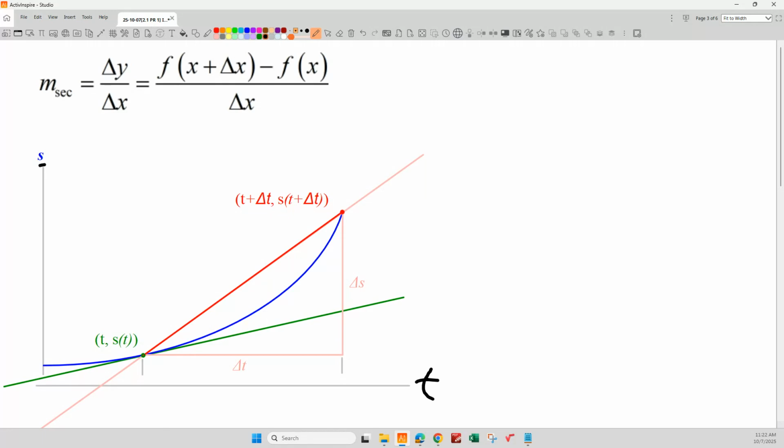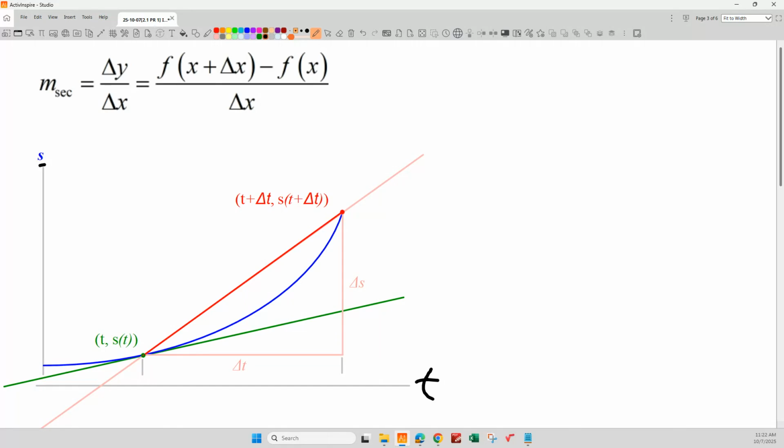Okay. So we start off with the ordered pair. Input is t, output is s of t. Some time delta t later, t is changed. The input is going to be t plus delta t. The output is s of t plus delta t. And so our secant equation, the slope of the secant line, it just is going to evolve.